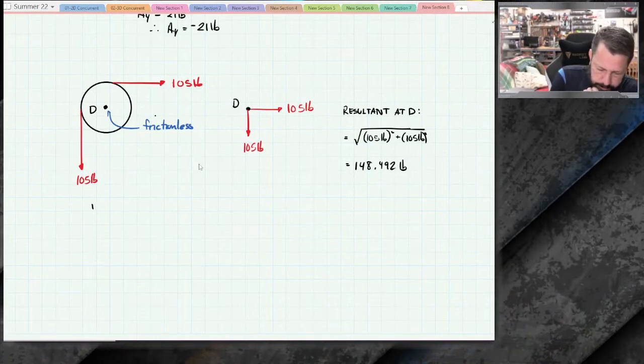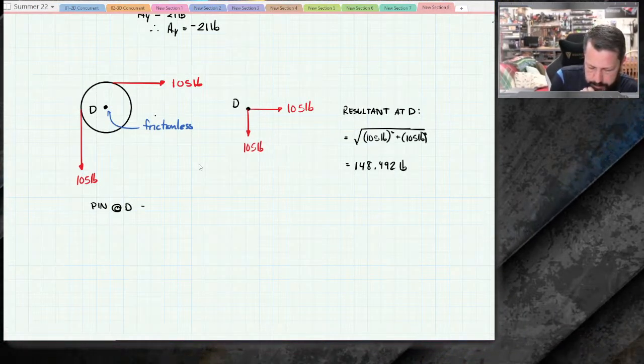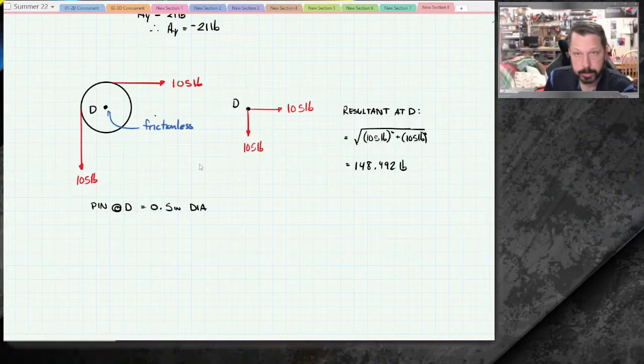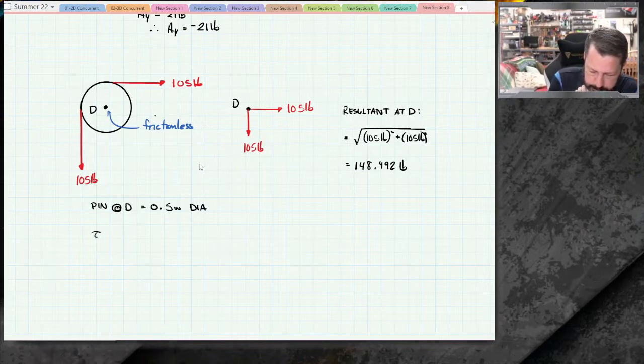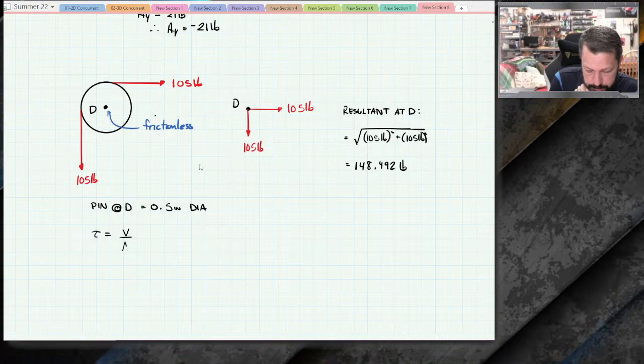So the pin at D equals 0.5 inch diameter, and we want to know the shear stress. Tau equals the shear force V over the area.